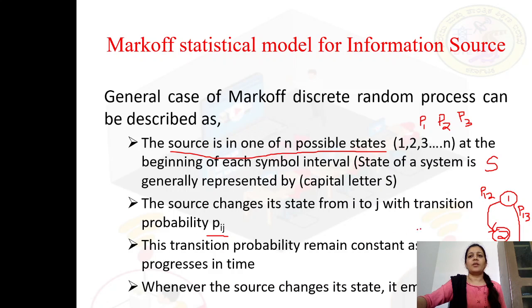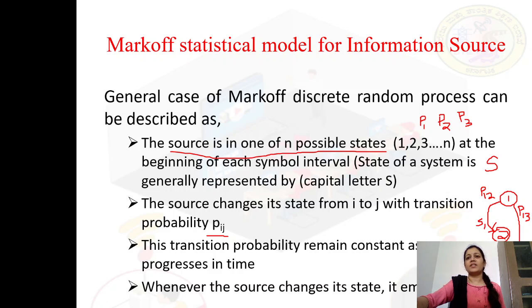This transition probability is assumed to be constant as the source continuously emits the symbols. Whenever the source changes its states, it emits a symbol. So whenever your source is changing its state from 1 to 2 with a certain probability P12, it emits one of the symbols, and that symbol is always represented with a small letter s.